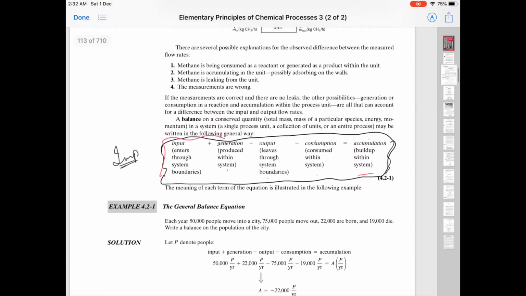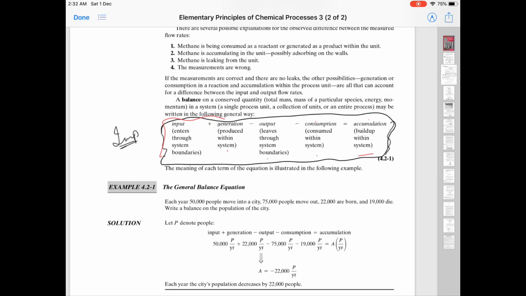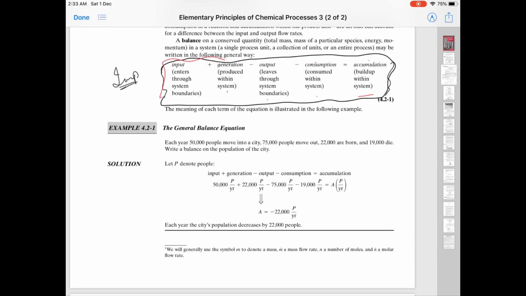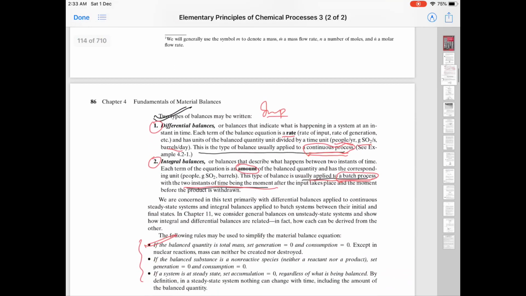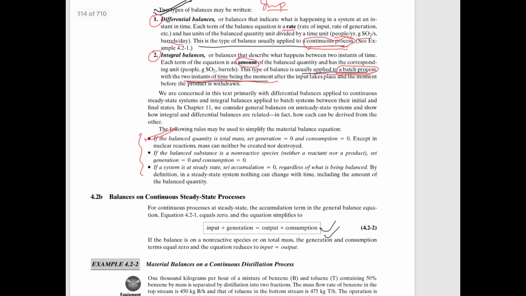One more point to note: if you're using this balance equation for mass, the generation, consumption and accumulation terms would be zero. As we know, mass cannot be generated, nor consumed, nor accumulated, except for nuclear reactions, which will vary.